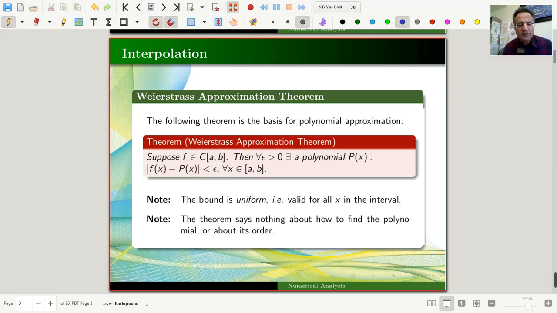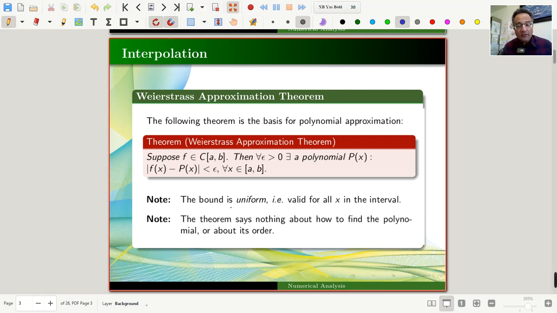What does this theorem say? In fact, it says if you have any continuous function in an interval, then you can find a polynomial that approximates the function f(x) at every point in the interval. This is the meaning of the Weierstrass approximation theorem.